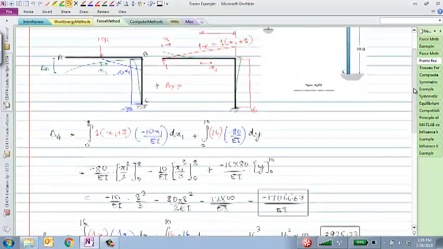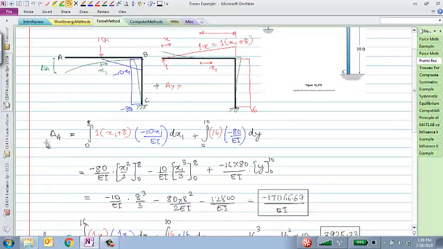And the second fact here is that to calculate delta A for the real structure, I use the principle of virtual work. So now you know that for principle of virtual work, if I want to find displacement at A, I apply a P prime at A, right?